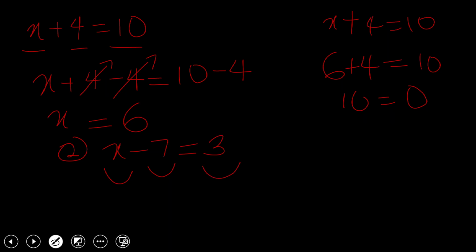In order to make x the subject of the formula, that means we need to add 7 to both sides. So you have x minus 7 plus 7 equals 3 plus 7. So minus 7 plus 7 is 0. So x is equal to 10.